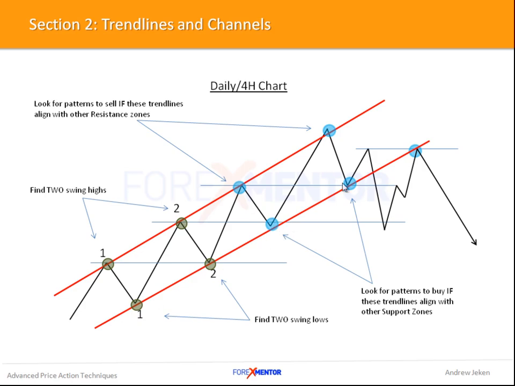And the same here, once again, we have resistance, it breaks, it comes back, we find confluence with the channel line as well as the horizontal support line. You can see price breaks through and it comes back to retest the back end of the channel line or the trend line, and we look to sell if these trend lines align with other areas of resistance.